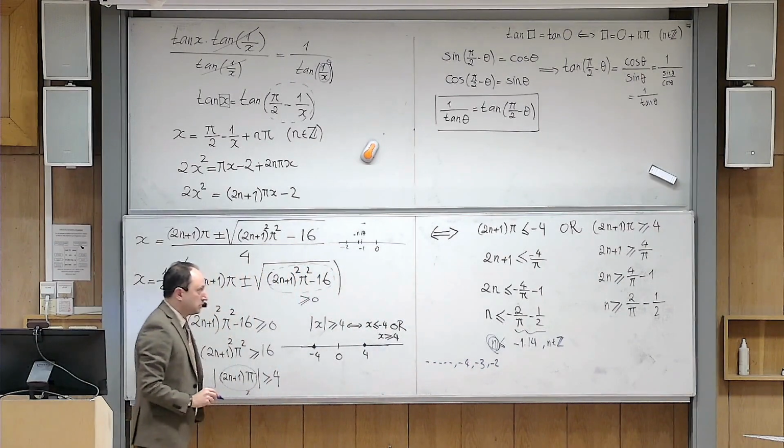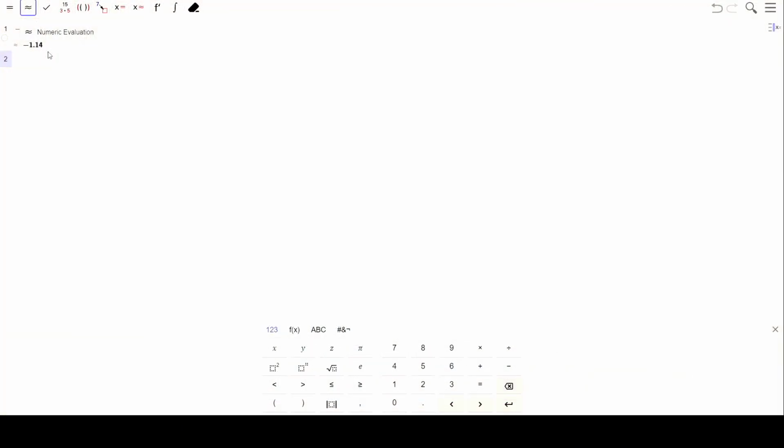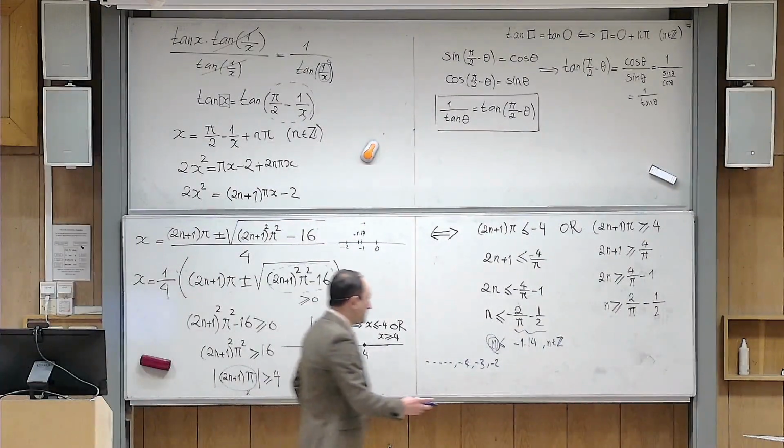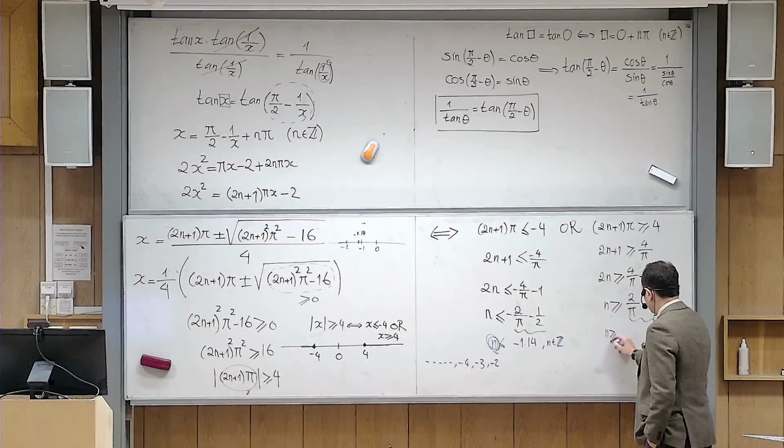Okay? But now let me go and calculate that other number using GeoGebra again. So this time I have 2 over pi, and then I have minus 1/2. I do the approximation again, and I get 0.14. So this means that n should be greater than or equal to 0.14.